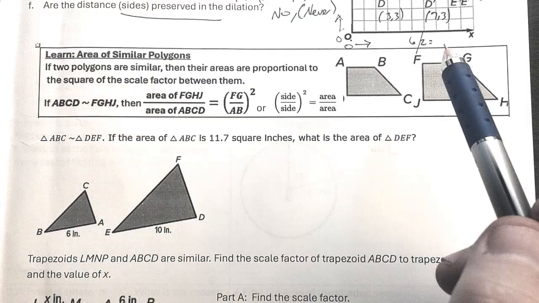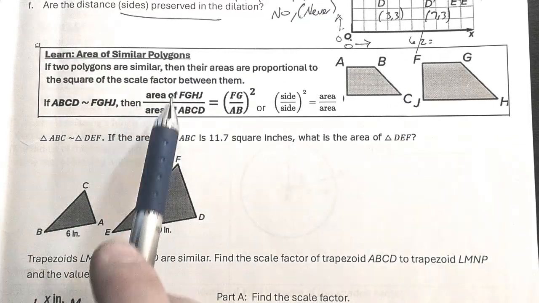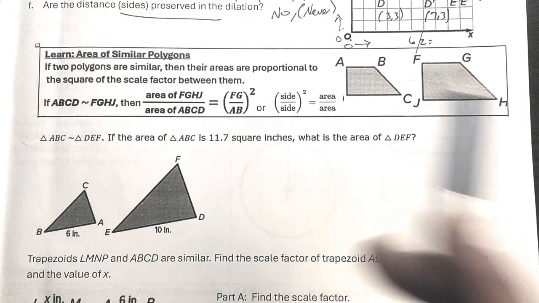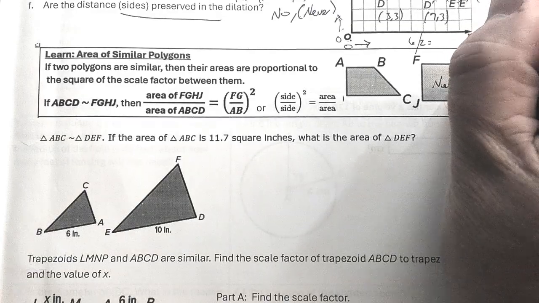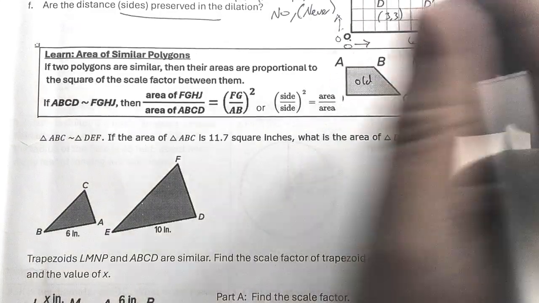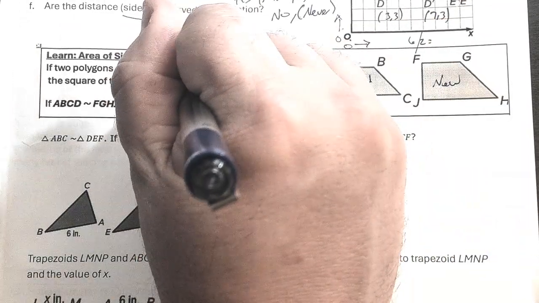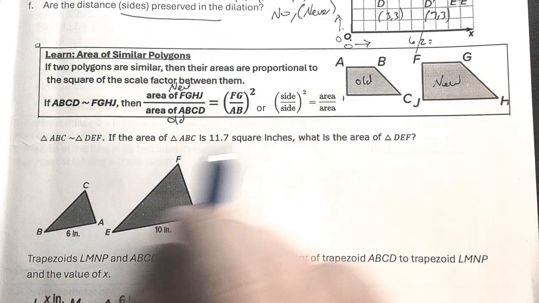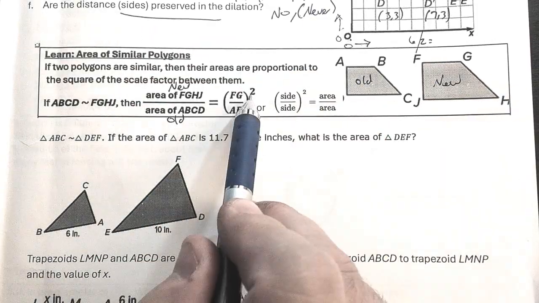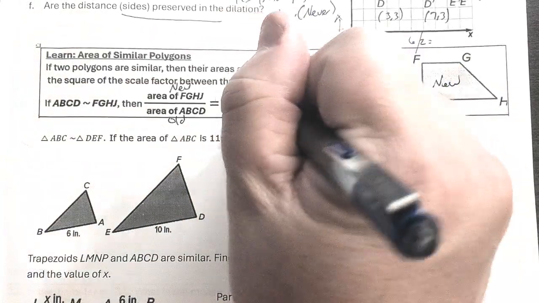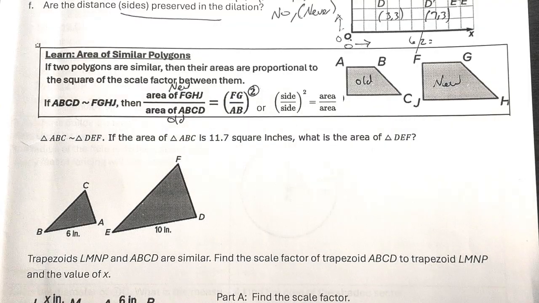So area of similar polygons. So new over old, new over old, just like we've been doing. Now, the difference is it's not just new over old. When we're doing area, it's squared. And you're going to learn in a little bit when we do volume, it's cubed.